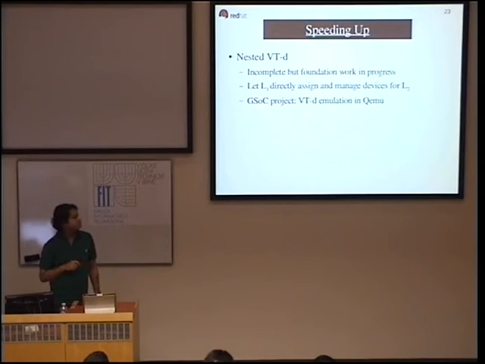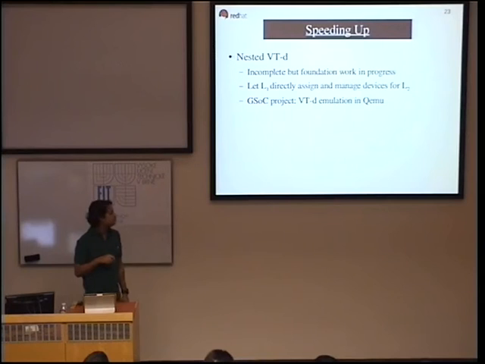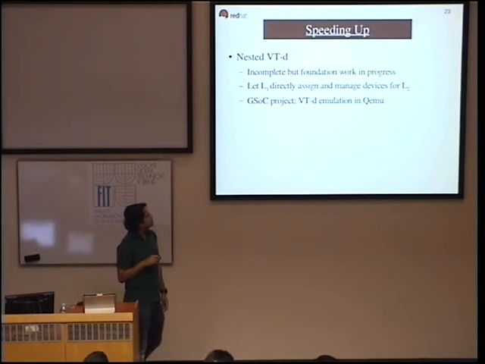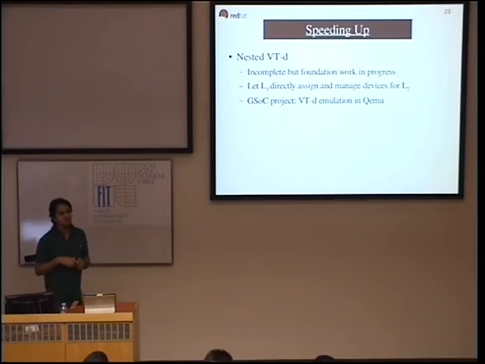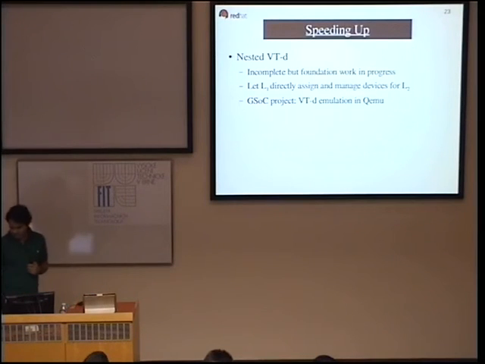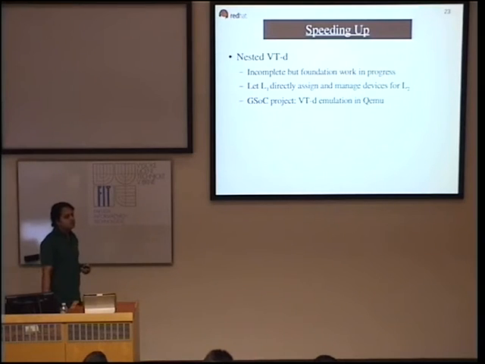We did have a Summer of Code project last year for VT-d emulation in QEMU, but I think you could consider that as foundation work, and a lot of things need to be done here. What's the use case for this? A graphics card inside a graphics card. Yeah, you could think of any hardware device you want to be used by the level 2 guest, like a network card or a graphics card, anything.